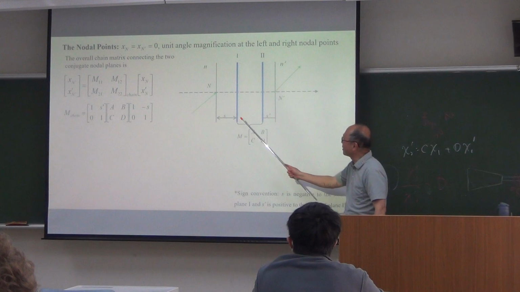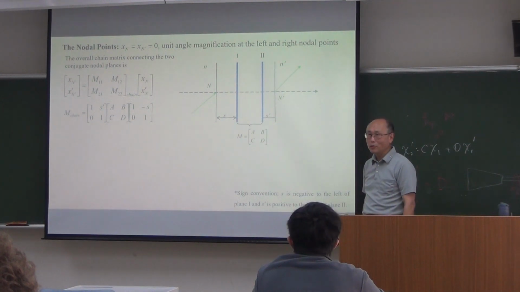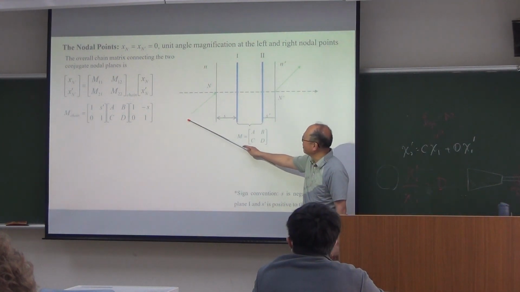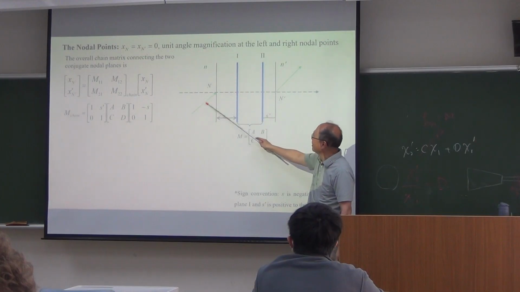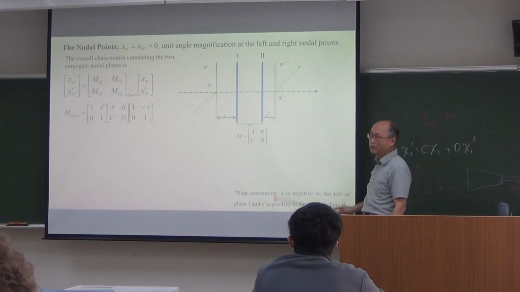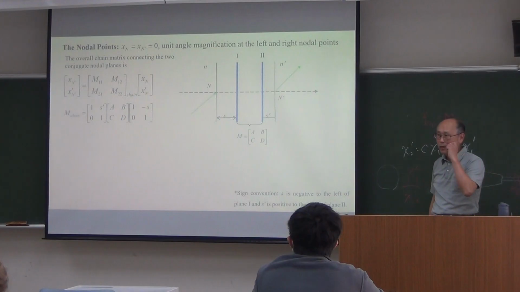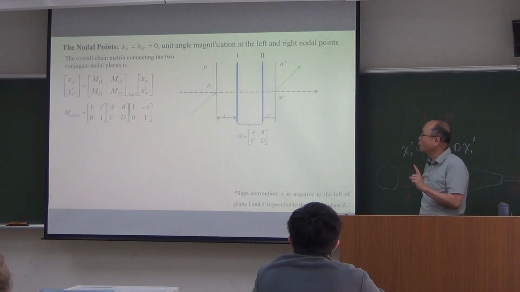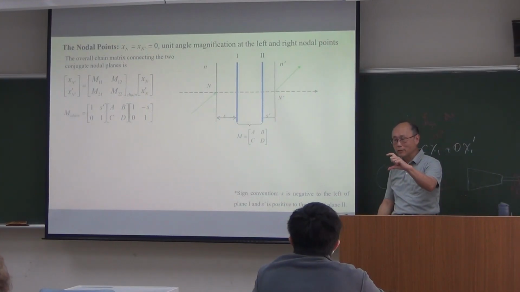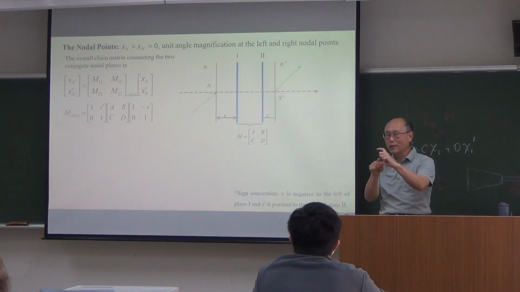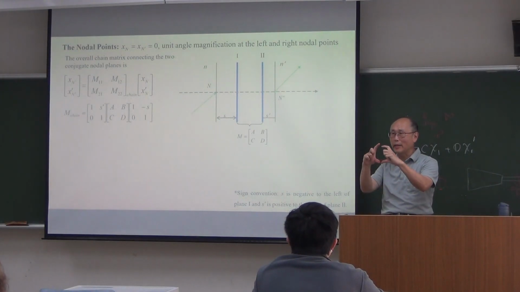Then it's time to talk about the nodal point. The nodal point is where you send a light ray through the axis and this light ray does not change angle. For a single lens, the nodal point is right at the center of the lens.